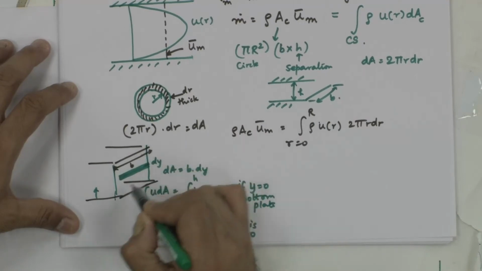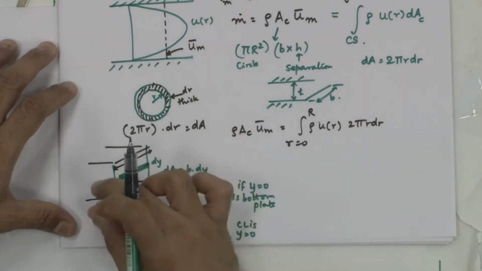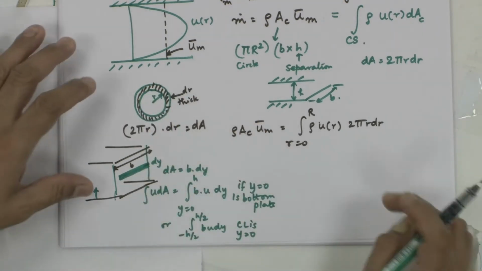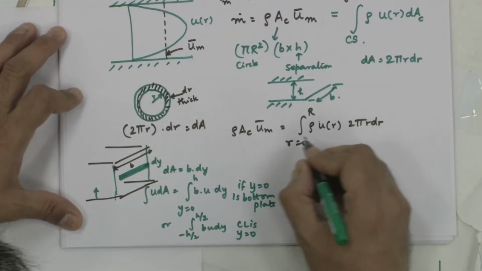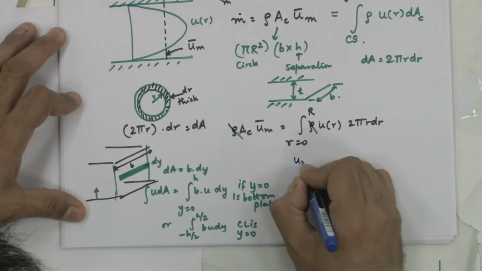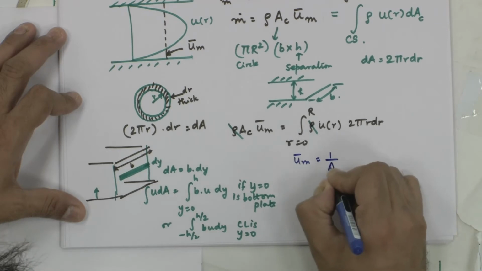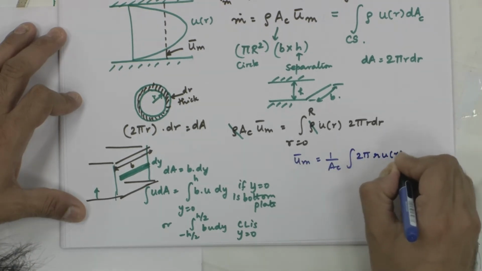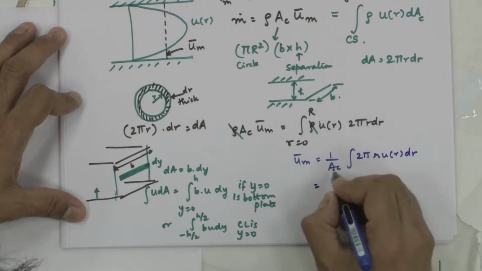You fix the area, or you take the area that you are concerned with, have a rectangular element in case of this geometry, and in case of a circle it is 2 pi r dr. So, cancel rho, I am left with u m bar is equal to 1 by A c integral 2 pi r u of r dr. A c is pi r squared.